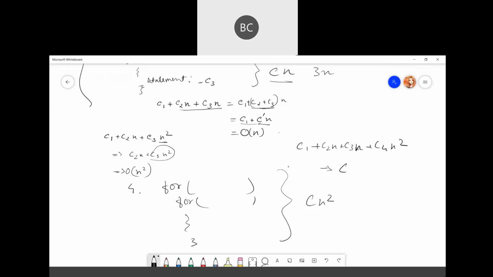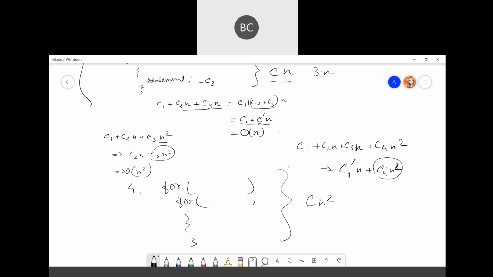You can represent it like C1 plus C dash n plus C4n square. Again, we are going to neglect the constant terms and also the part that is not contributing or exponentially increasing the timeline. O(n) square is the worst case, right? So for that we will consider this O(n) square part.